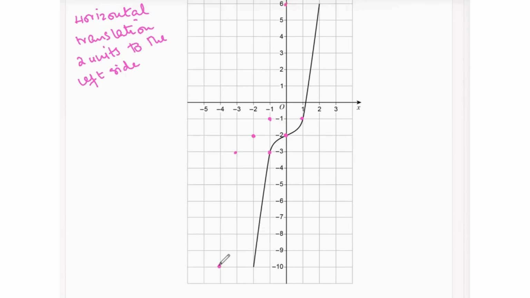So if we draw the sketch, it's going to be something like this. I know it's a little rough, but to get an idea, basically you're moving all of the x values 2 units to the left-hand side.